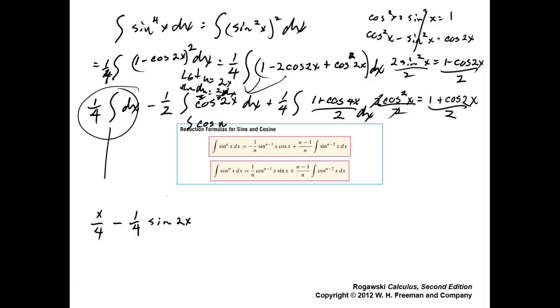Integral of cosine u is positive sine u. Okay. Now, plus, we're starting out with a 1/4 here, but then you just have this over 2 here, so that's going to make it a 1/8, right? Okay. And then you have another integral here of 1 plus cosine 4x dx.